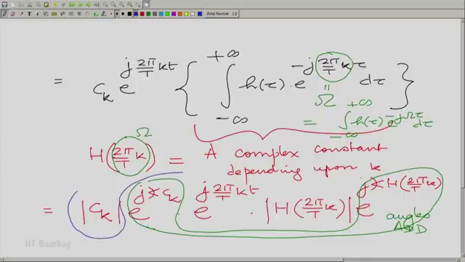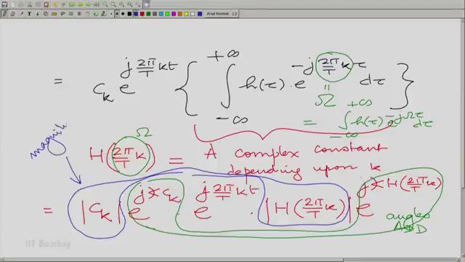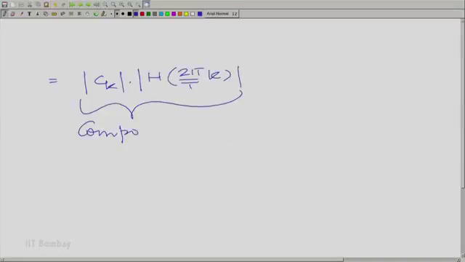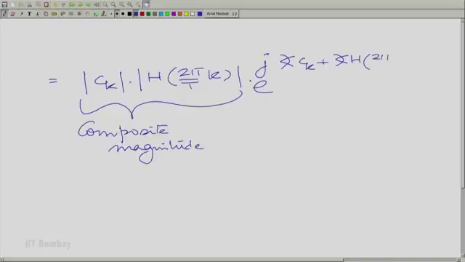There is a magnitude here and there is a magnitude here, magnitudes multiply. So, let us write that down all together. It is |c_k| times |H(2π/T · k)|. This is the composite magnitude, into e^(j(angle of c_k plus angle of H evaluated at 2π/T · k)).